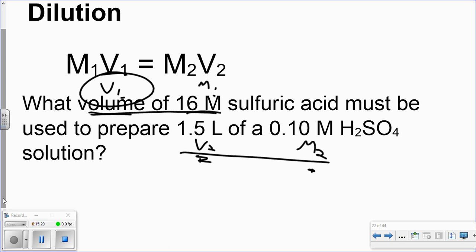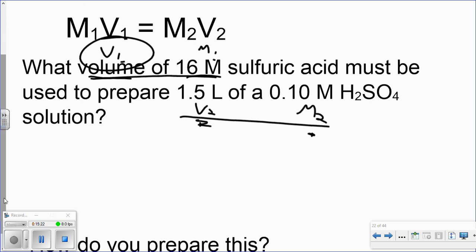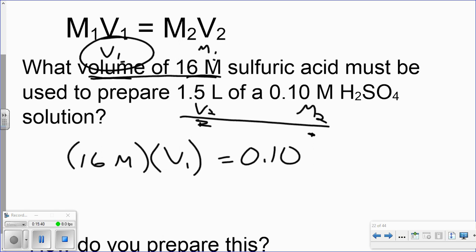okay? So let's do this. We're going to say M1 is 16 molar times V1, which is our X. I'll just write V1. I like to keep that in there pretty consistent. And then it says what's equal to M2, which is 0.1, times V2, which is 1.5 liters.